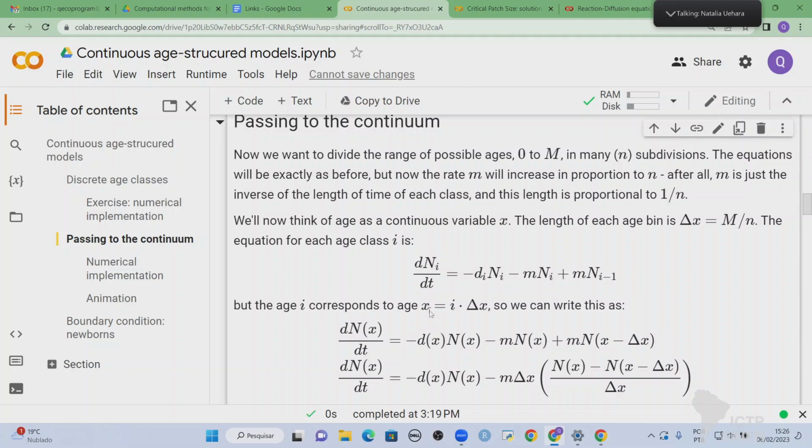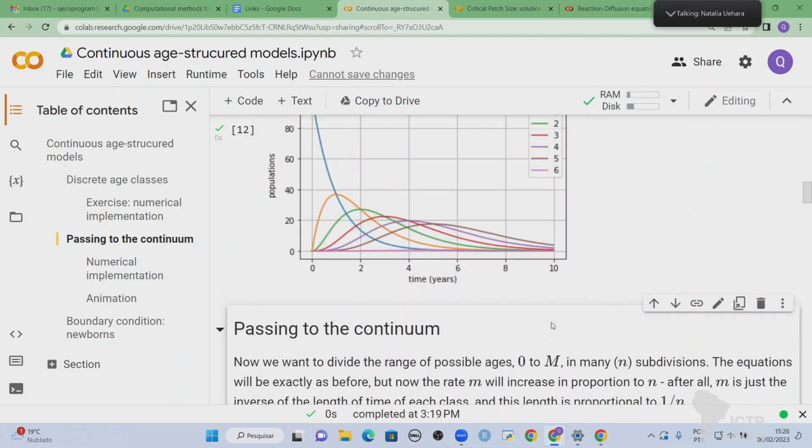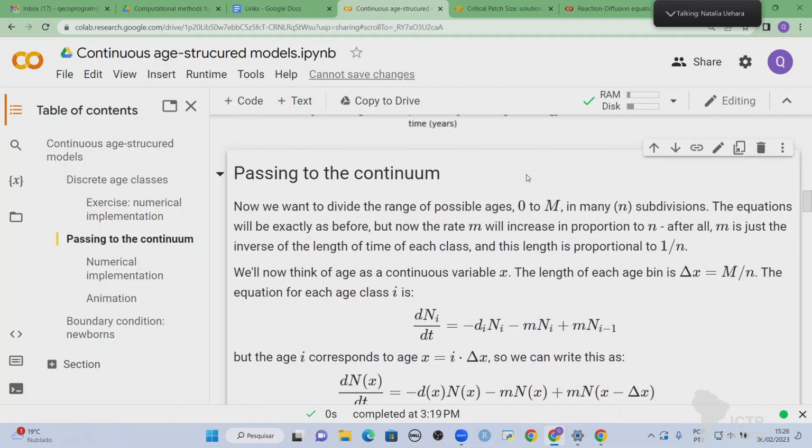It's an age x. And then I'm saying, okay, the age x is i times delta x. For instance, I was doing from 0 to 6 years, with 7 points, so I had age bins of 1 year each, okay?